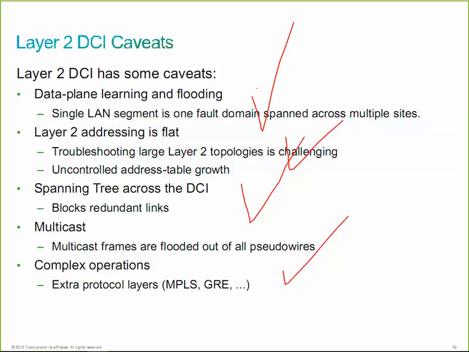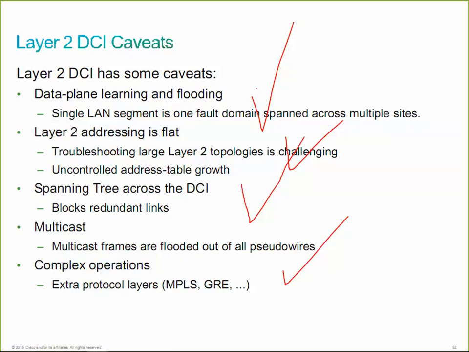Based on what we talked about with the first few problems that we see here, it becomes operationally intensive from a hierarchical scaling model, right? The flat addressing, the non-hierarchical addressing, the data plane learning and flooding, and so on. A simple overlay protocol that has built-in capabilities of point-to-cloud provisioning is also extremely important, and it's necessary to reduce the cost of provisioning this type of Layer 2 VPN connectivity.